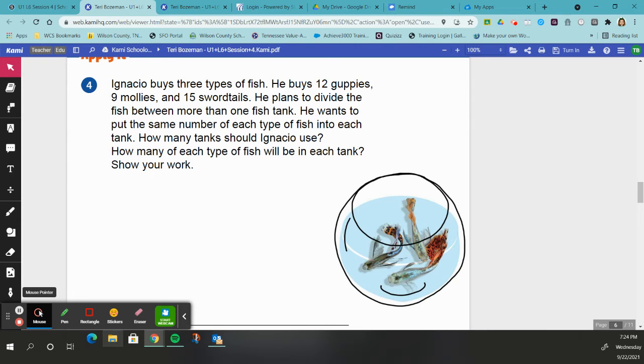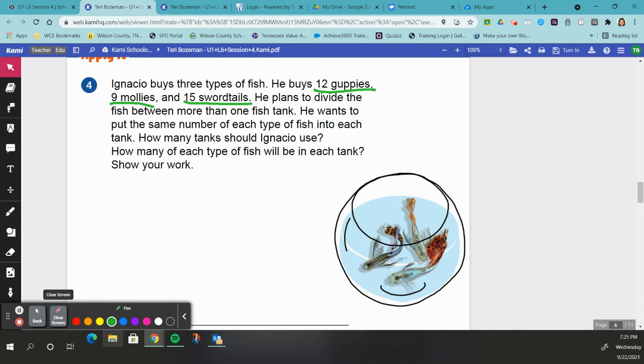Show your work. So we need to figure out what we're trying to find here. So he's buying 12 guppies, 9 mollies, 15 swordtails. He's going to divide the fish between more than one fish tank.